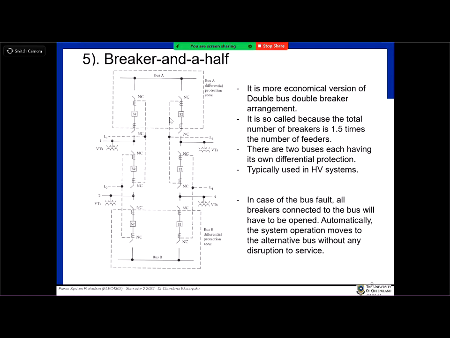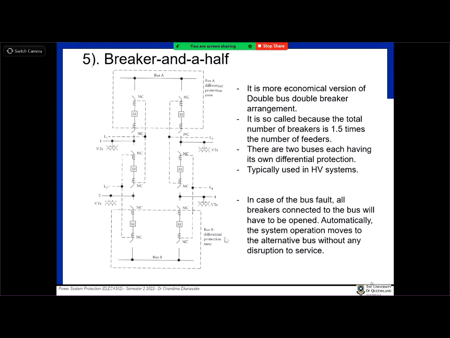How does that work? Between bus A and bus B, we divide it into segments, and between the bus and each line, or between the lines, you will put one breaker. So always between two nodes, there will be a breaker. If there is a failure in bus A, you can see that everything is normally closed.